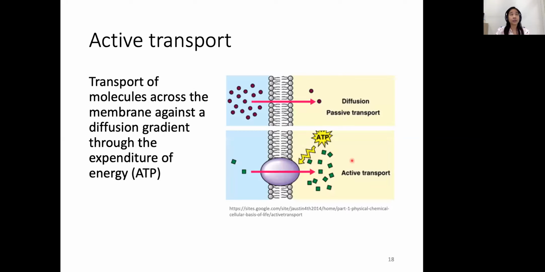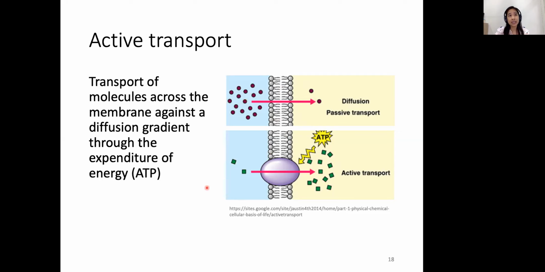All right, so the next movement of particles is called active transport. Active transport is the movement or diffusion against the gradient. On the top picture, you have normal diffusion. We call it passive transport because it occurs spontaneously.